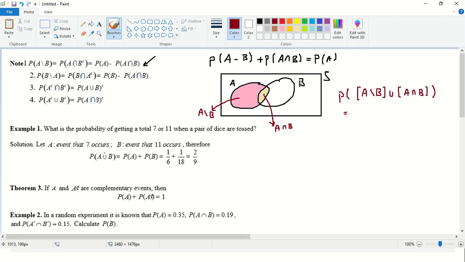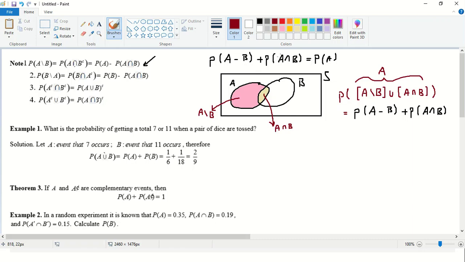So it's equal to the probability of the first one plus the second one. It's the same as the expression that we have at the left side. But if you take a look over here, the union of these two sets is the same as A. This is A, the union of this pinky and gray part, which will be equal to the probability of A. So we already proved it this way. We proved the first note.